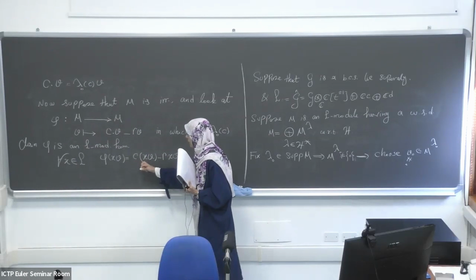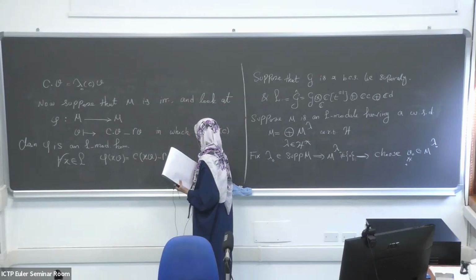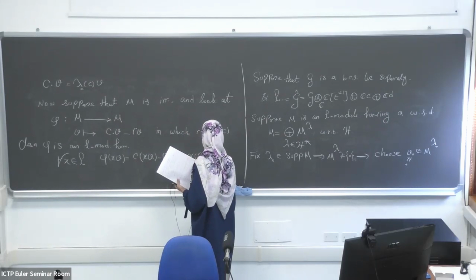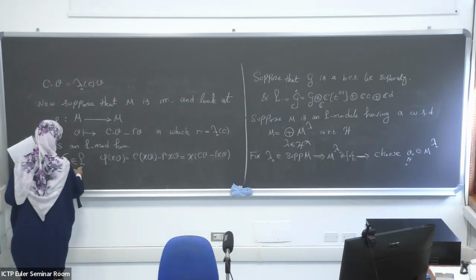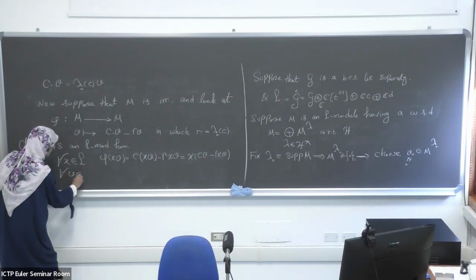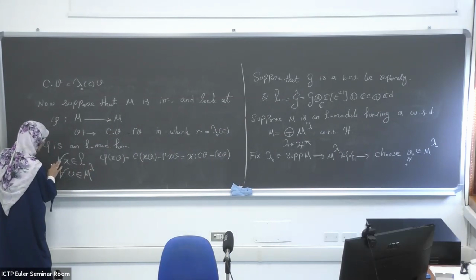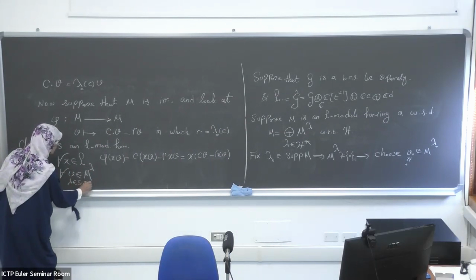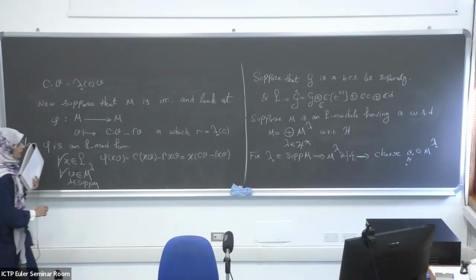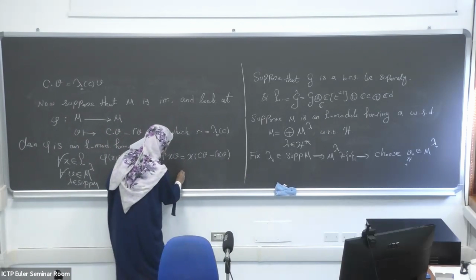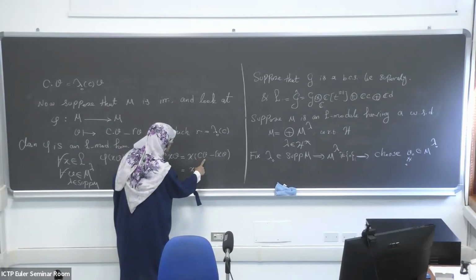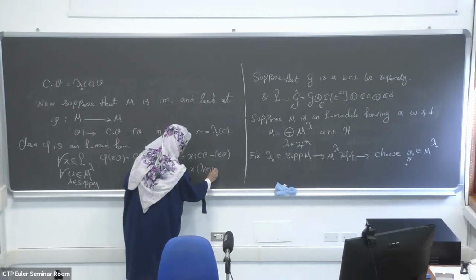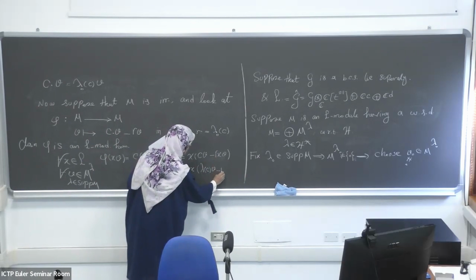And here, as C is a central element, we get that it is x CV minus R xv for all x belong to L and for all v belong to M lambda, where lambda is an element of support of M. Okay, and what we get, we have x CV is lambda C v, and here minus RV.